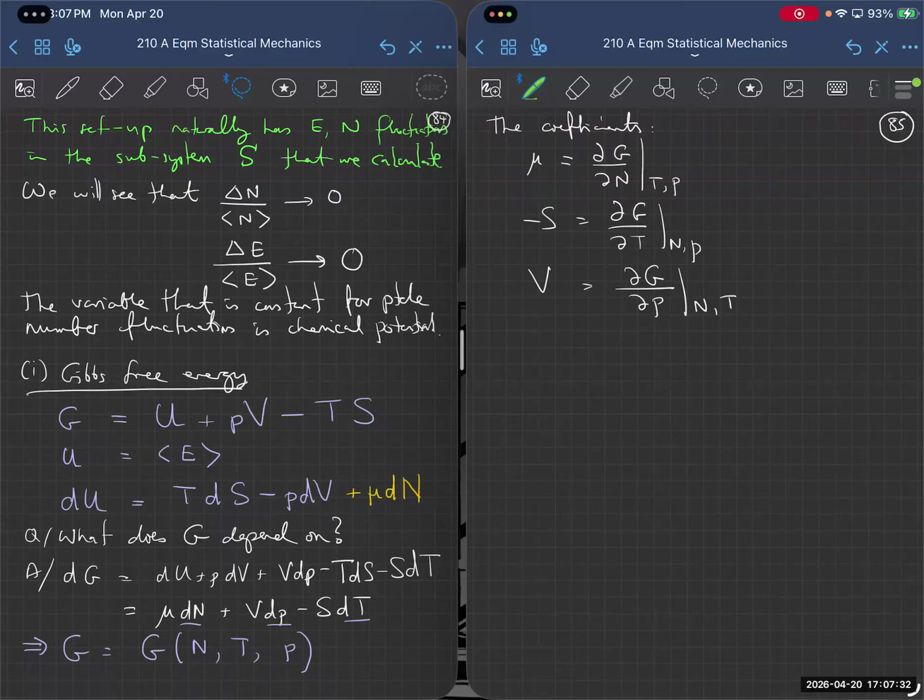But now I want to show you there's a very important simplification here. So that's true, but now there is an important simplification, and that comes from scaling.